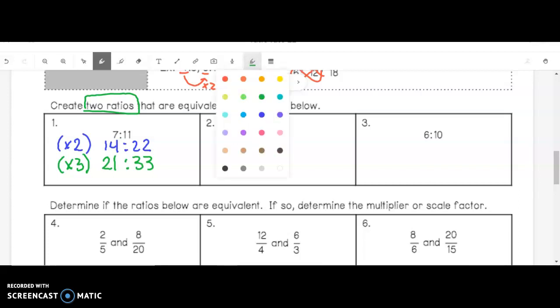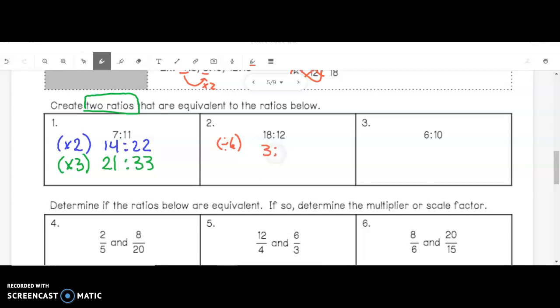Now the next one here, 18 to 12 is my ratio. These are both numbers that I can simplify and go smaller. So instead of using multiplication this time, I'm going to go ahead and use division. So 18 and 12, those are both divisible by 6. Let's divide those by 6. 18 divided by 6 will be 3. 12 divided by 6 is 2.